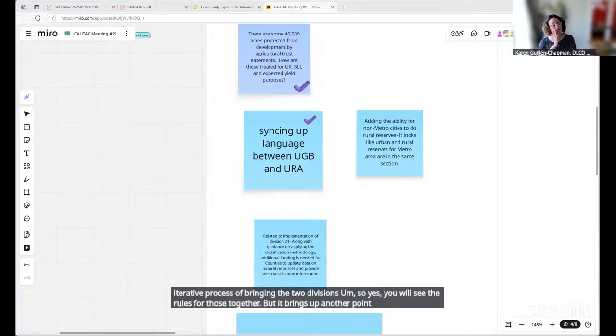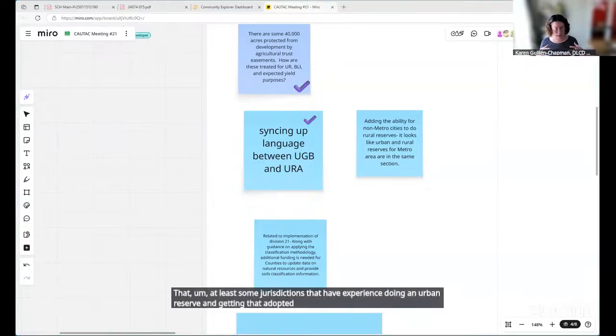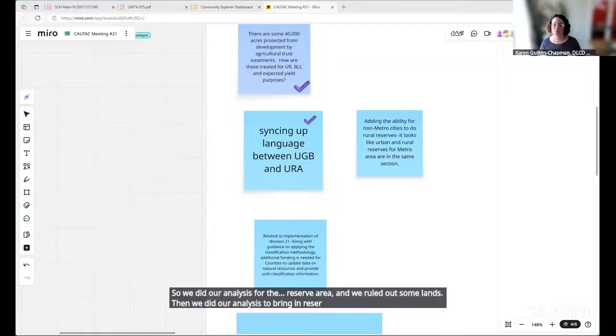In the memo, it mentioned we got feedback last year that at least some jurisdictions that have experience doing an urban reserve and getting that adopted and acknowledged, and then going to amend their UGB, found that there might be some redundancy in the analysis done. So we did our analysis for the reserve area and we ruled out some lands. Then we did our analysis to bring reserves into our UGB, but we had to do this mile radius and we had to look at lands that we'd already ruled out.